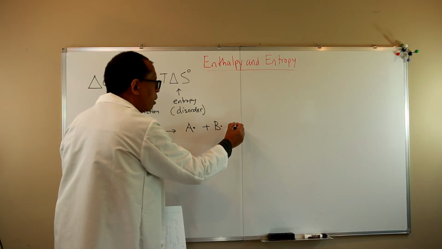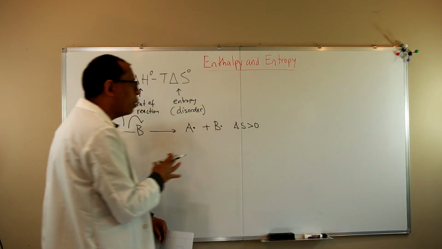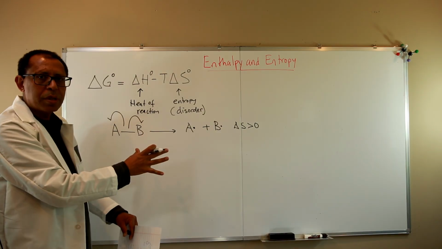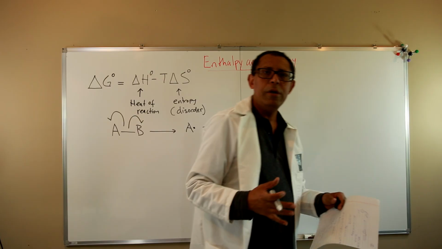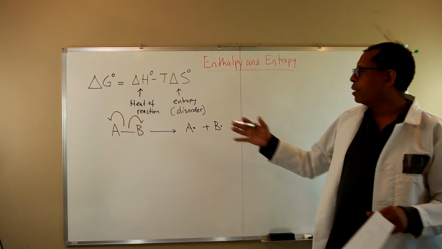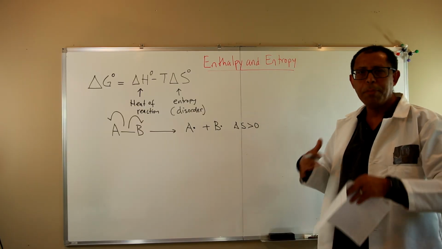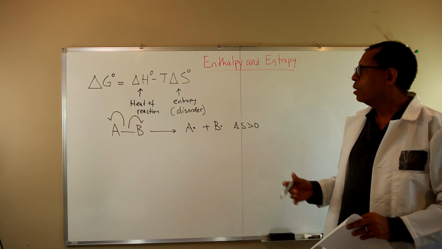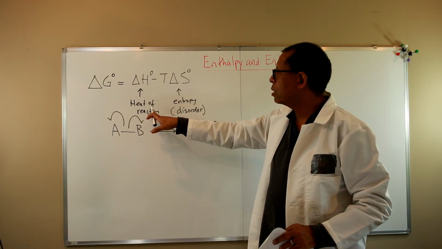In that case, your delta S is greater than 0. So when you are creating more species by breaking a bond, you are creating more disorder. That means the entropy has increased. Entropy is positive in this case. So you have a positive contribution in this case as well.